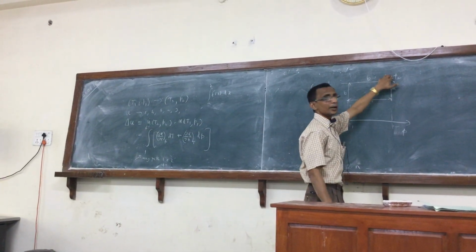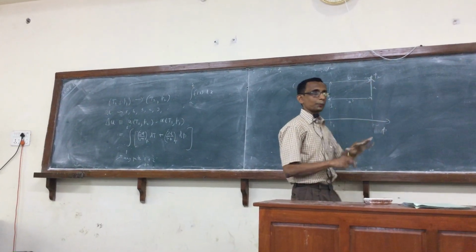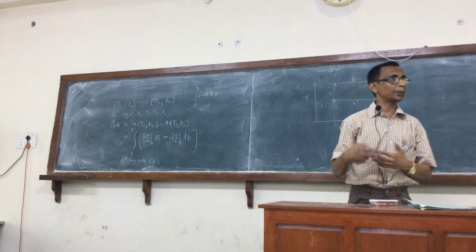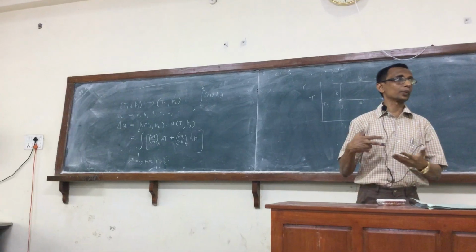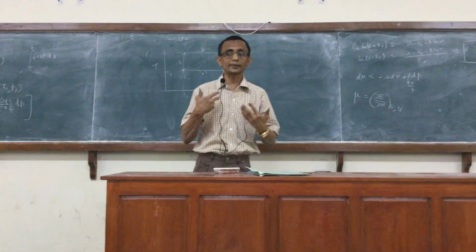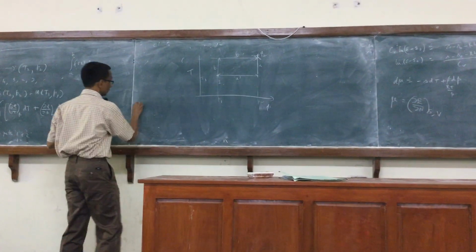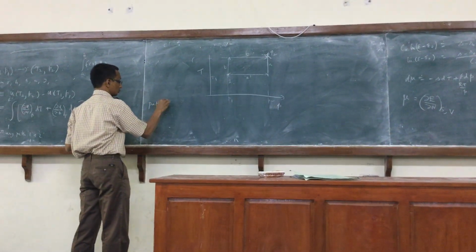And from here to here, only the temperature changes, the pressure doesn't change. So the integral over P doesn't come in. The integral over T is calculated at a fixed pressure. So let us now write down explicitly for paths A and B what the integral would look like.